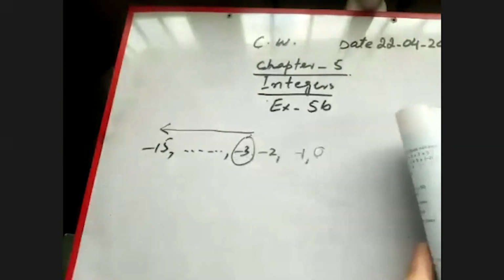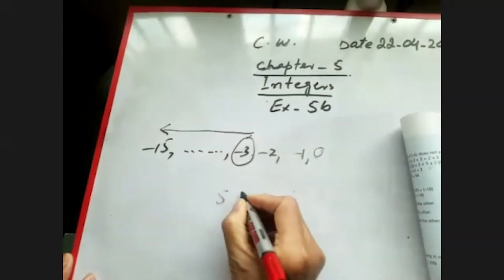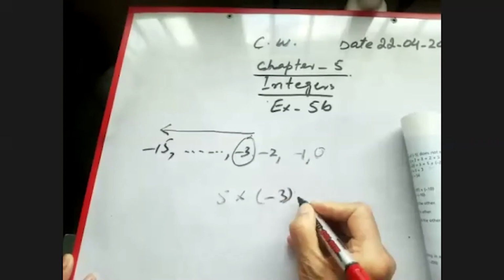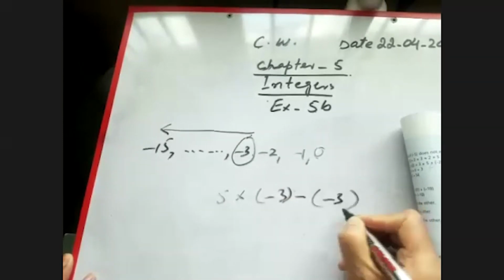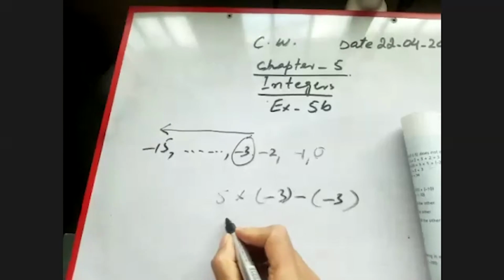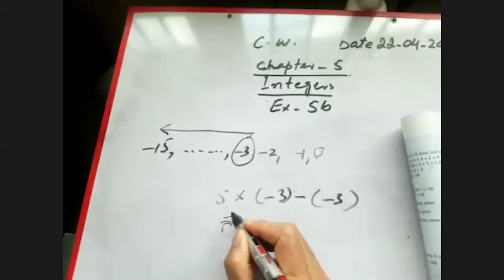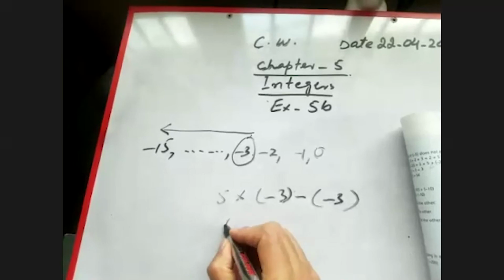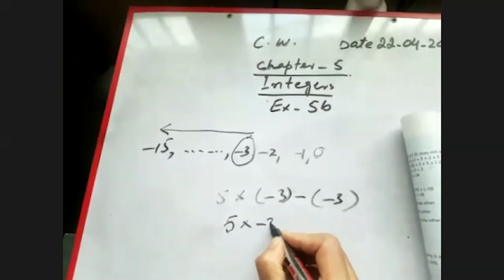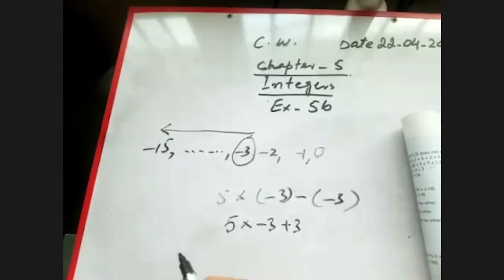Fifth, the value of 5 multiplied by (minus 3) minus (minus 3) is: minus 12, 18, minus 18, 12. So you can solve it. 5 into minus 3 in the bracket, minus minus 3. So do the multiplication first. 5 into minus 3, minus minus is plus 3.